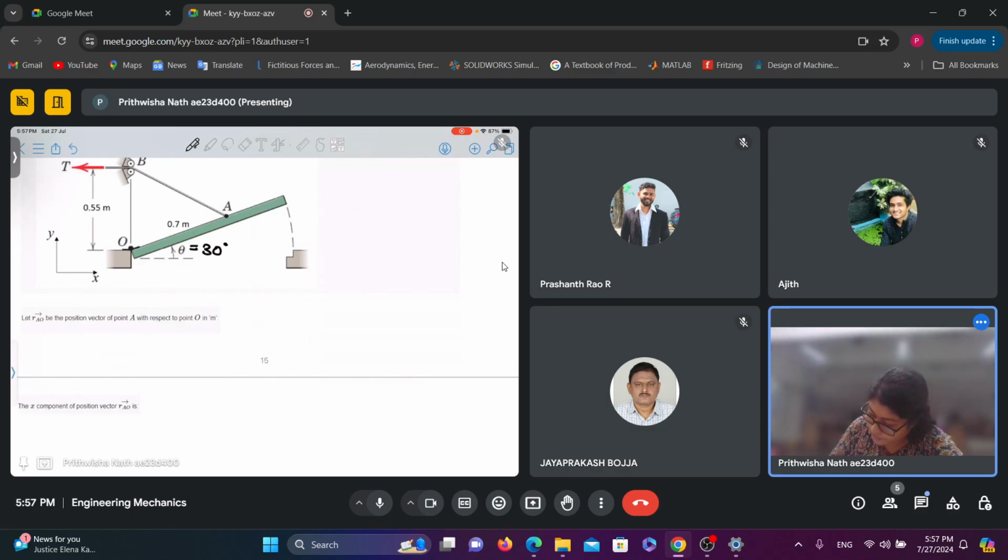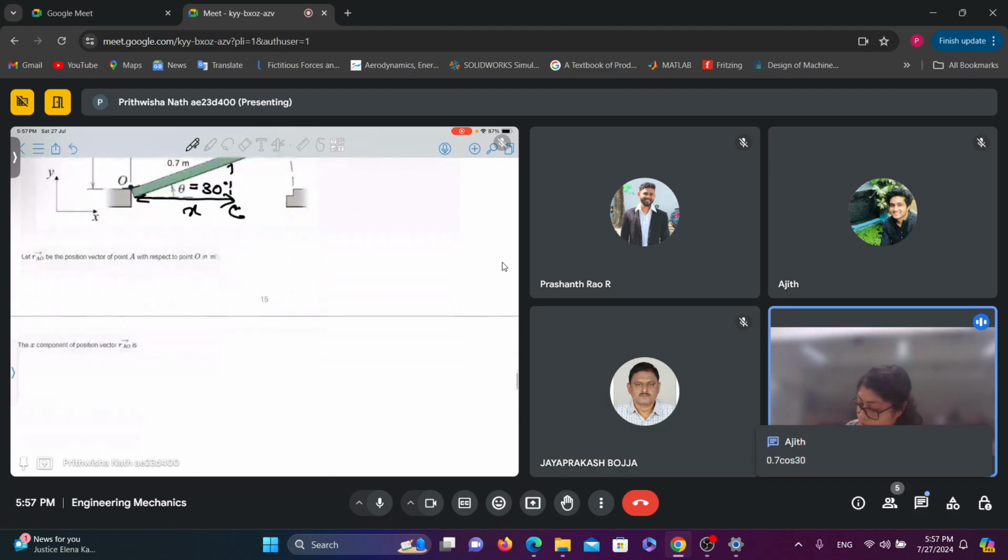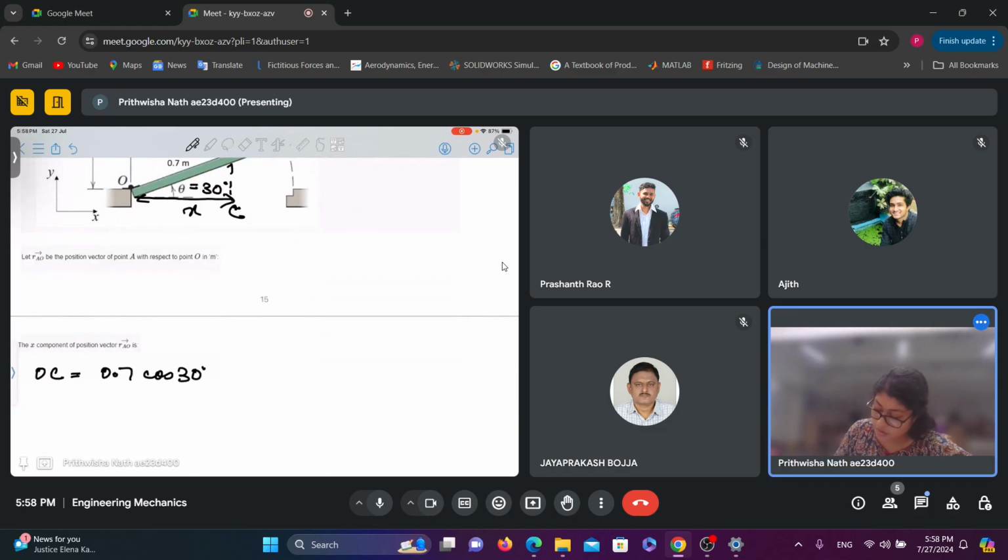So this is the x component. Simply, if I name this point as C, then OC is 0.7 cos 30 degree, which is equal to 0.61 meter.